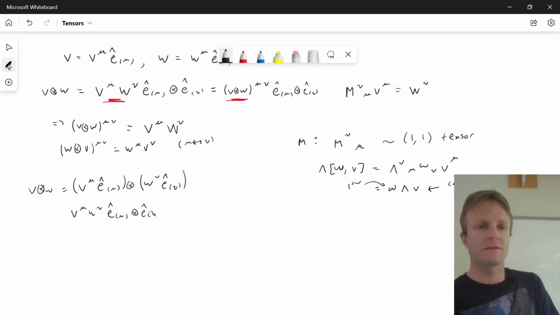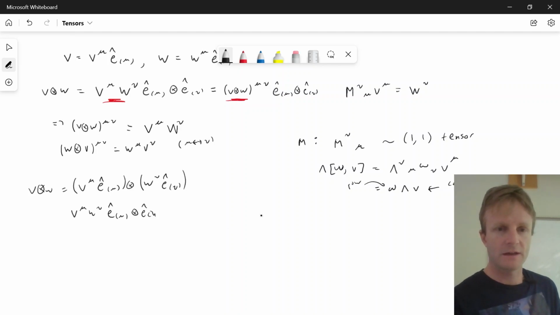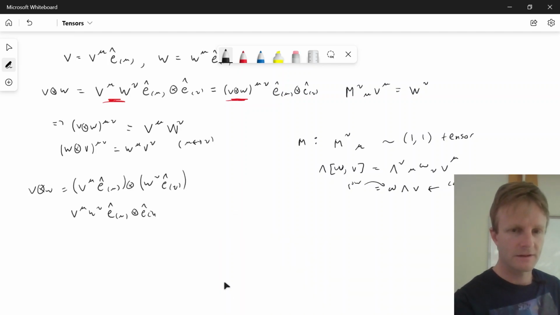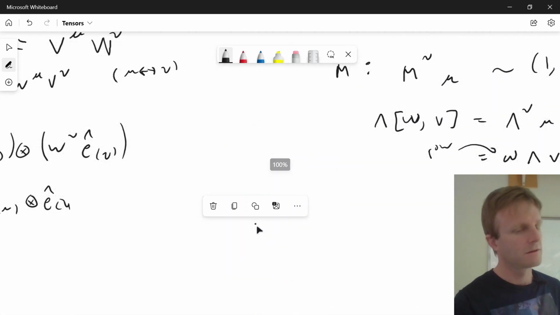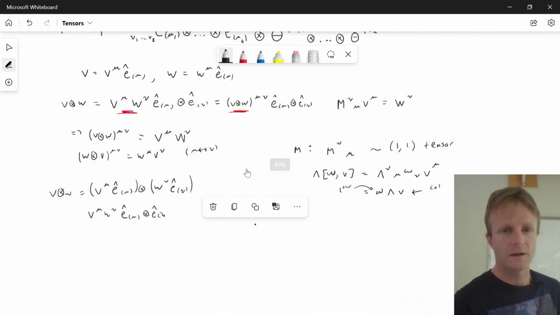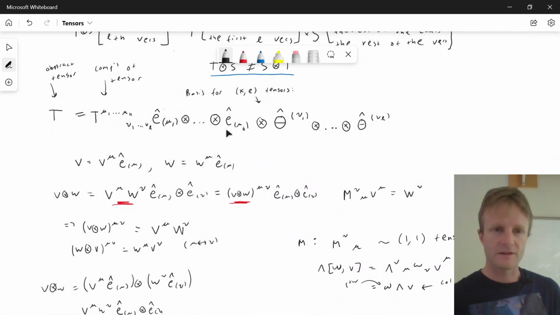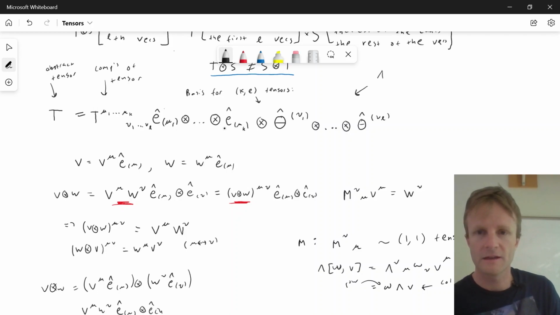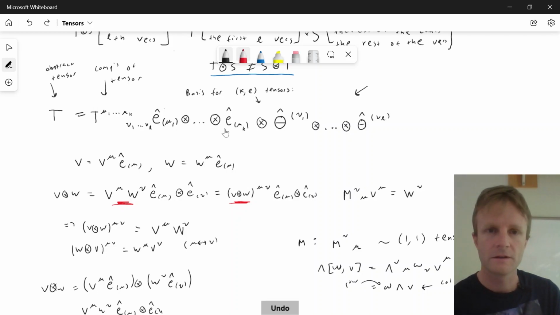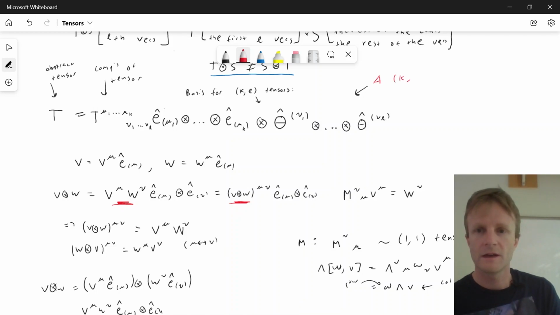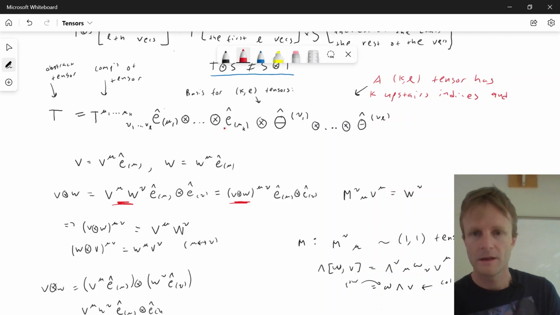It's probably useful to say from this that you can think of a tensor with a (K, L) type as having K upstairs indices and L downstairs indices.